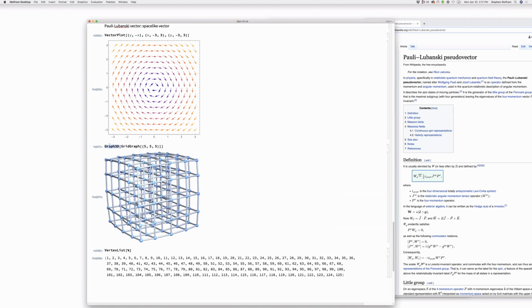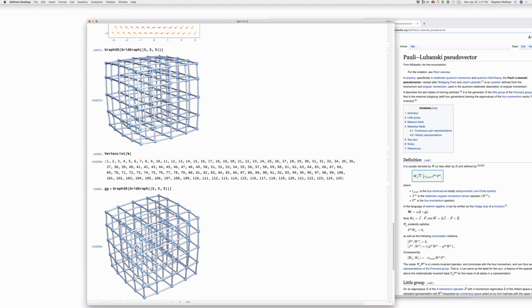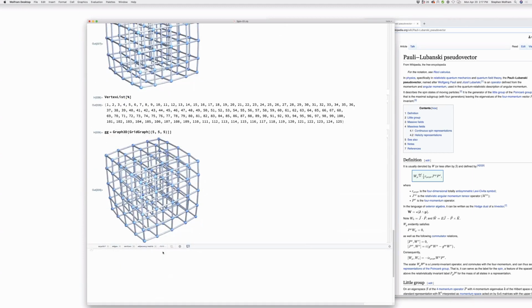Let's call that G or something, and let's say something like find shortest path in that thing between, I don't know, pick a random, actually can we use graph antipode or something to get the opposite one? Well, let's just pick two random things here, 44 and 117.